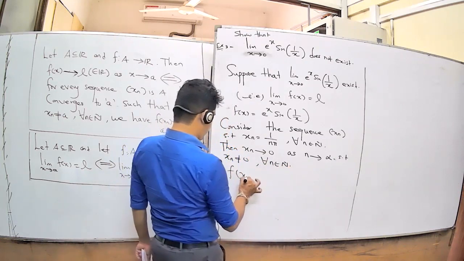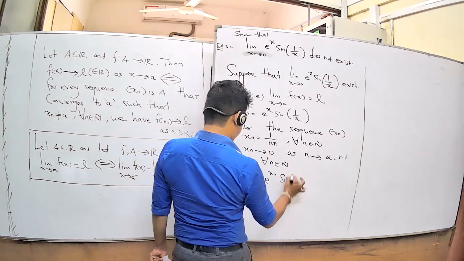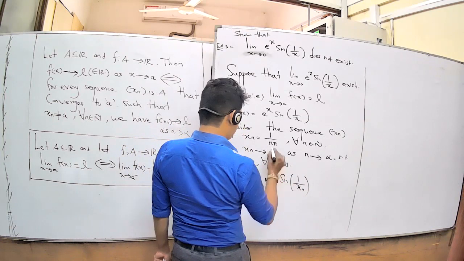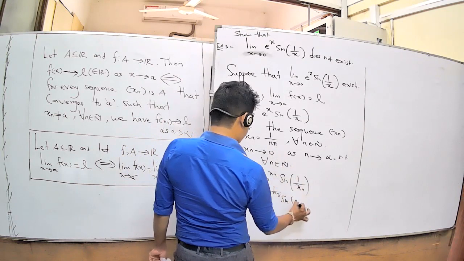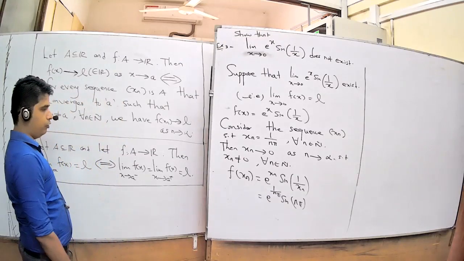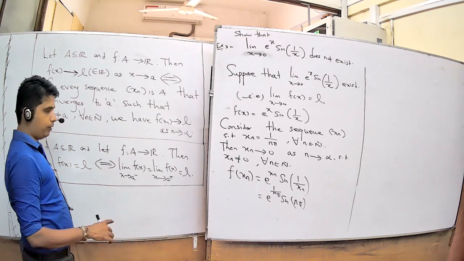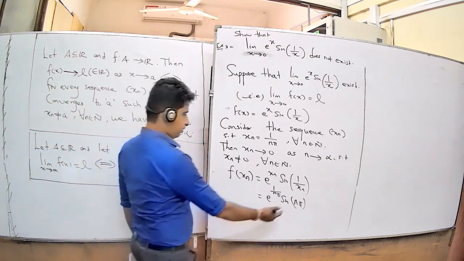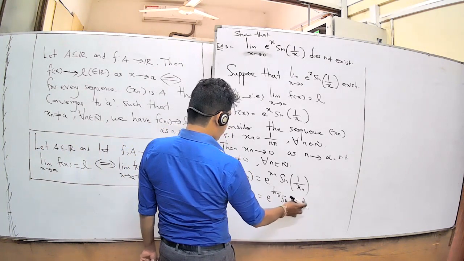What is your f of x_n value? f of x_n equals e^(x_n) sin(1/x_n). Now 1/x_n gives n pi, therefore sin(n pi) becomes 0. If you put n equal to 1, then sin pi is 0. Sin is 1 only at pi by 2 and 3 pi by 2, but here sin(n pi) should be 0.